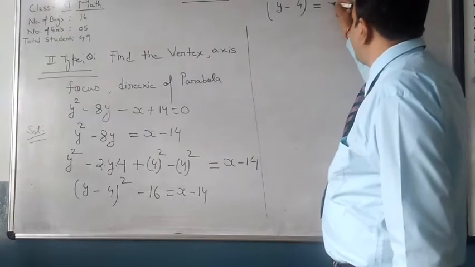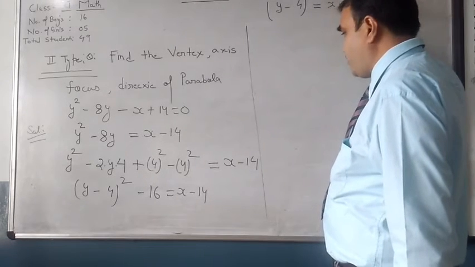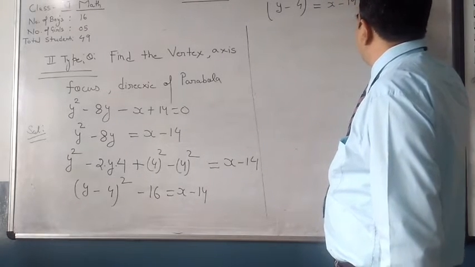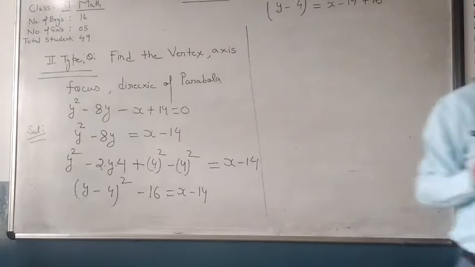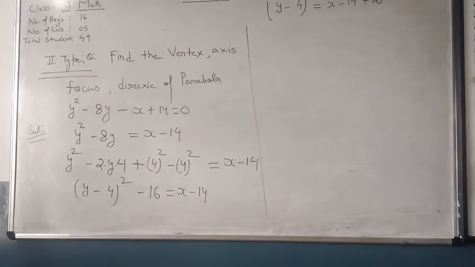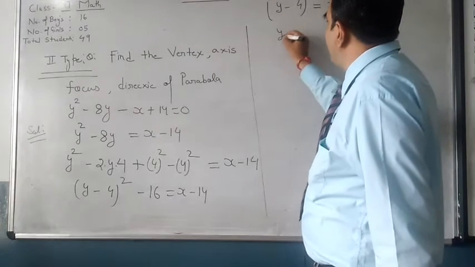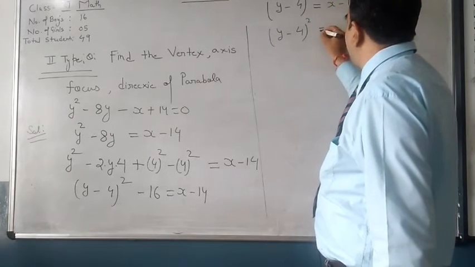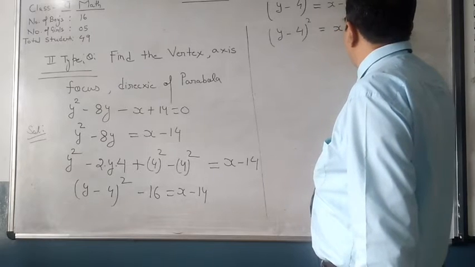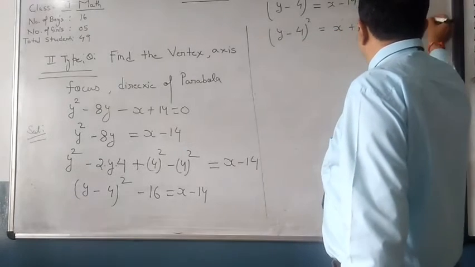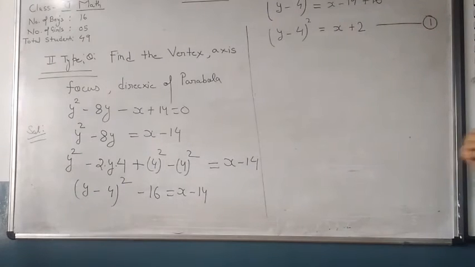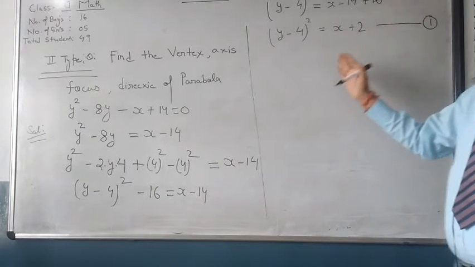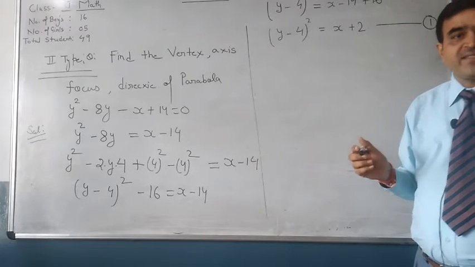So the equation becomes x minus 14 plus 16. Okay, and finally we have y minus 4 whole square is equals to x plus 2. Suppose this is the equation number 1, and this equation like y square is equals to 4ax.